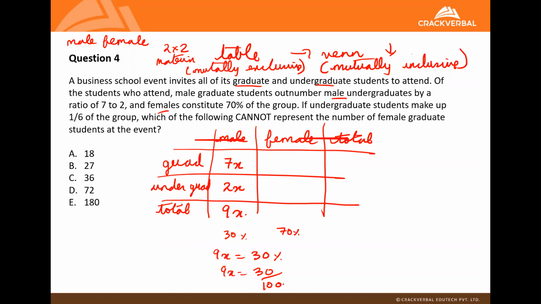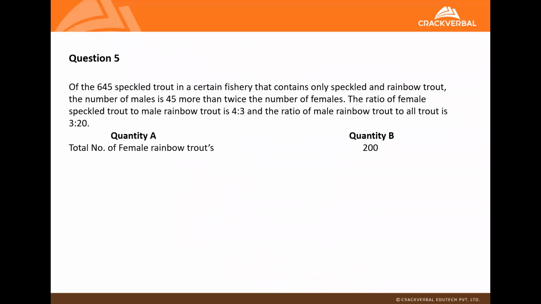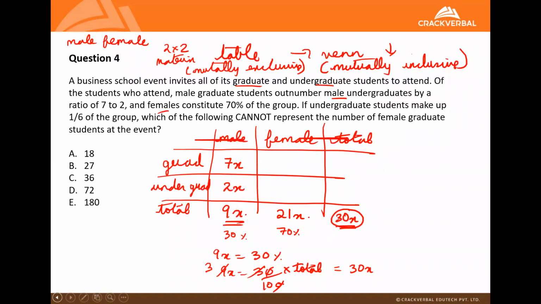Remember, 9x will always be 30%, right? And it's going to be 30% of this total. So 9x is going to be 30% of the total. So if I calculate, the total here is going to be 10 into 3x, which is going to be 30x. So the total is going to be 30x. So if this is 9x, this is 30x. Now this is going to be 21x, right?